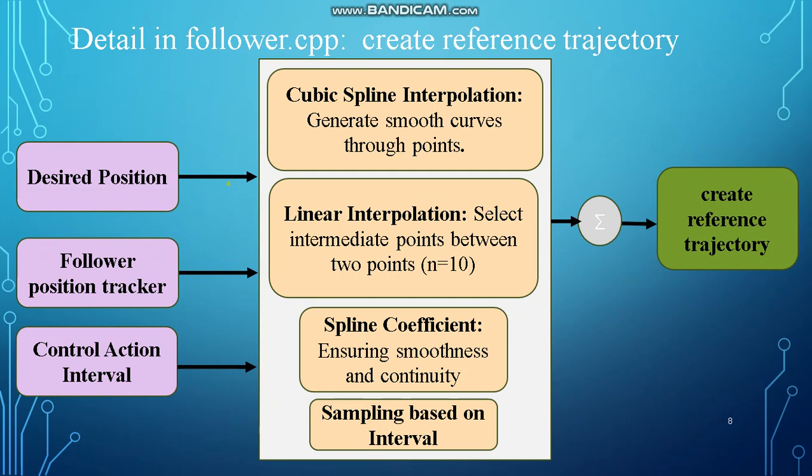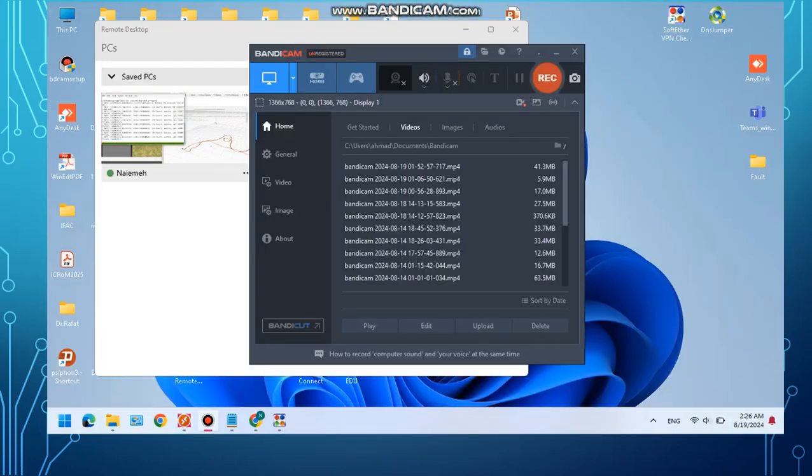I used cubic spline interpolation rather than using 2 points, which was in the crude solution, and I used some intermediate points between 2 points. I used 10 points there to make the solution smoother, and I use some coefficients to make this trajectory.